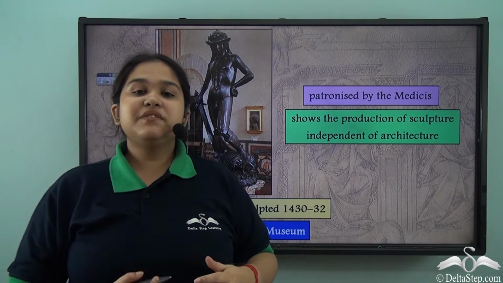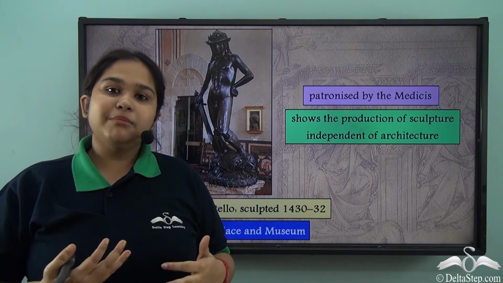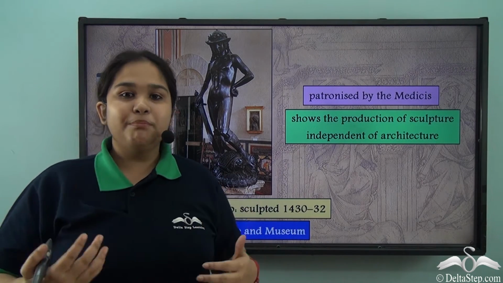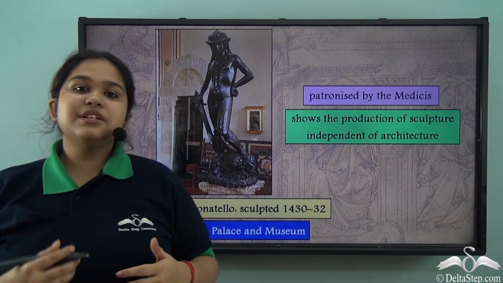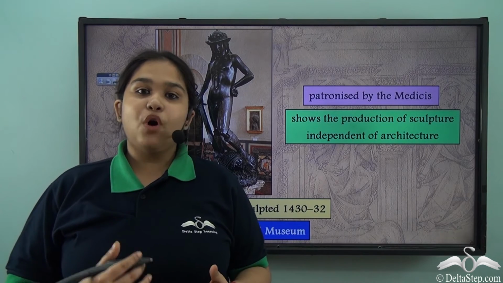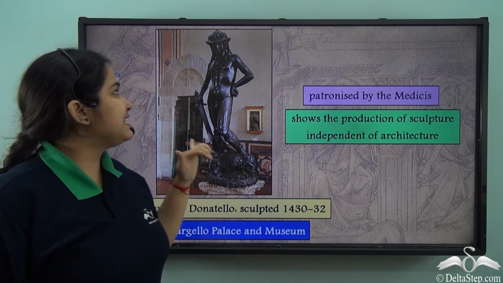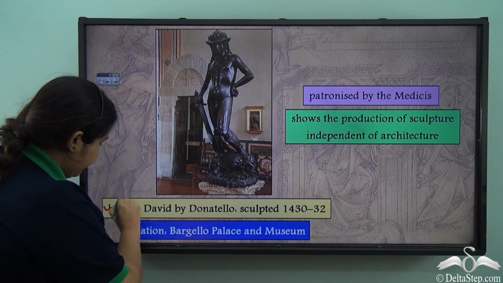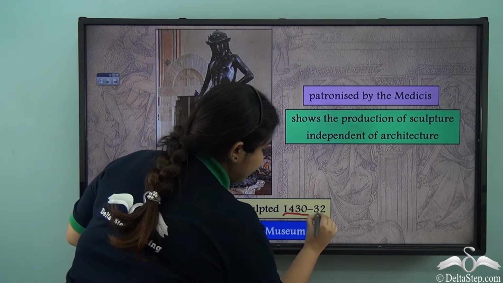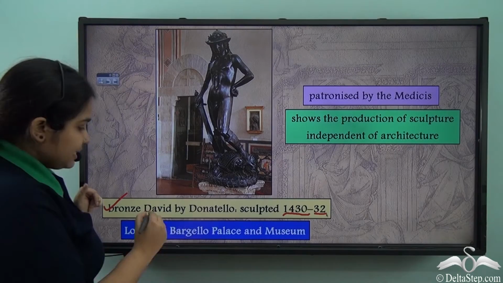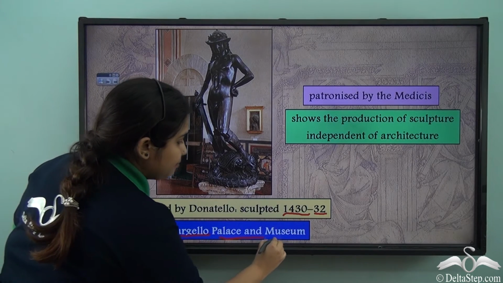So then, as we were discussing, public sculptures were becoming more and more important, and they were independent sculptures. So one of the famous sculptors of this period was Donatello. And the structure that you can see is the bronze David that was sculpted by him around 1430 to 32. This is located at the Bargello Palace and Museum.